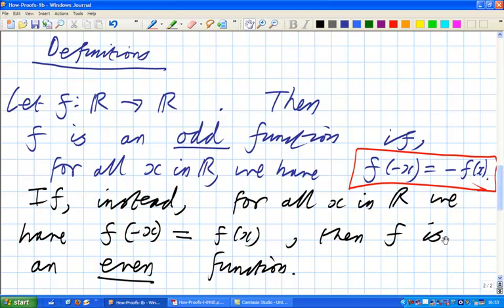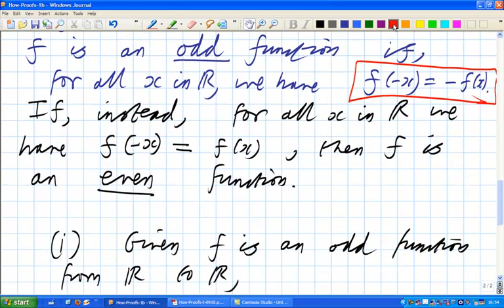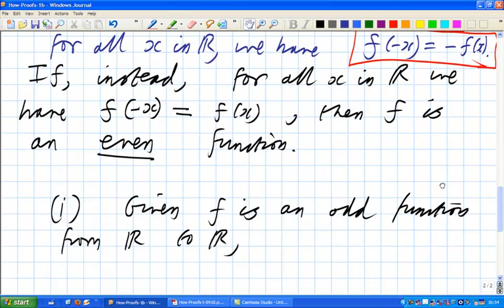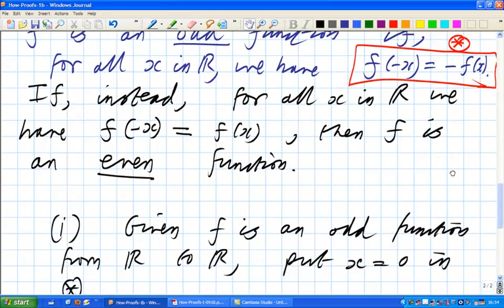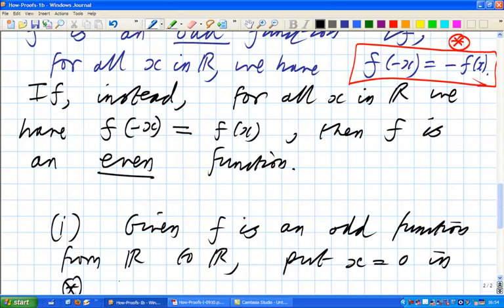Let me call that equation star. We'll put x equals 0 in star, and you get f of minus 0 equals minus f of 0.